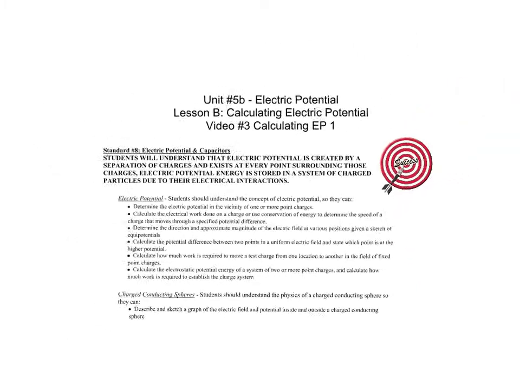Now, recall that the relationship between the potential energy of a charge at a point in space and the electric potential at that point is U_E equals QV. Rearranging this for electric potential, we get electric potential is equal to the electric potential energy divided by the charge.